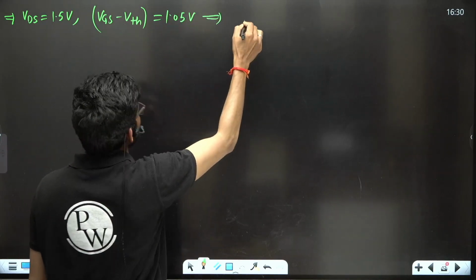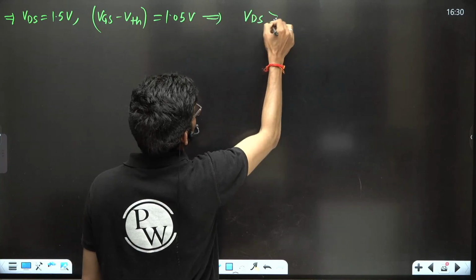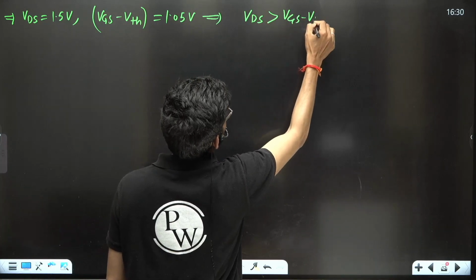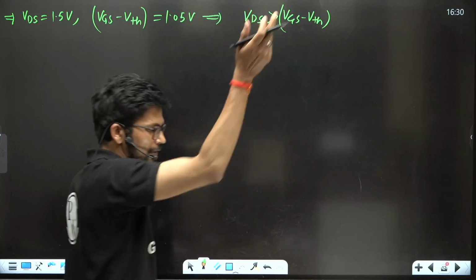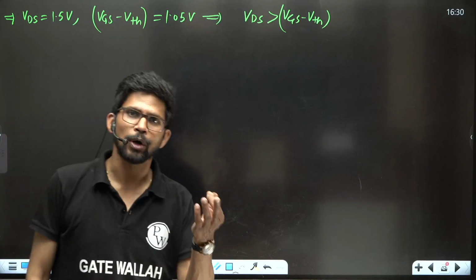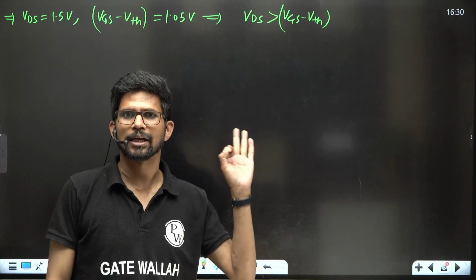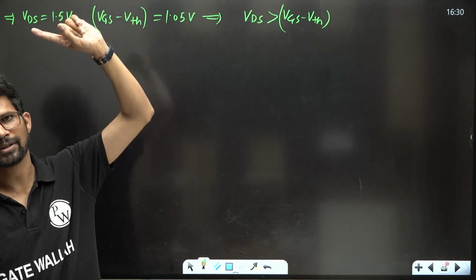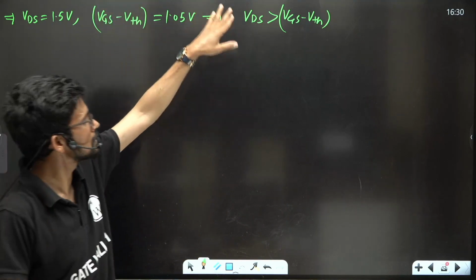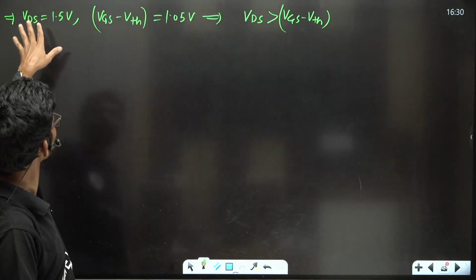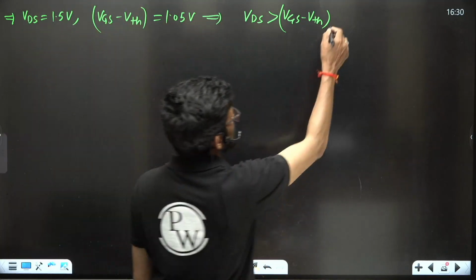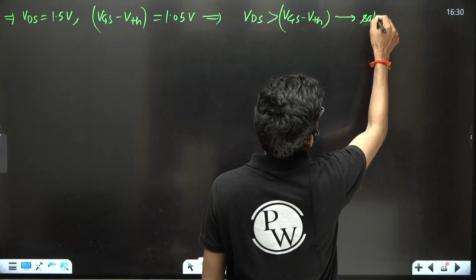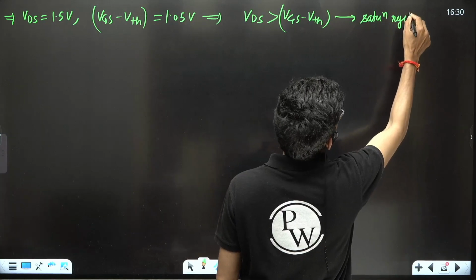Now VDS is greater than VGS minus VTH. For the first case, VDS was 0.1 volt, less than 1.05, which is why the MOSFET was in linear region. But in the second case, as VDS is greater than VGS minus VTH, you will be in saturation region of operation.